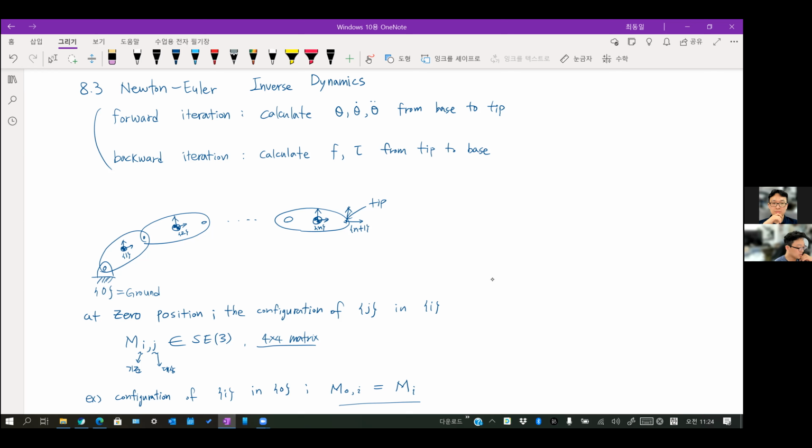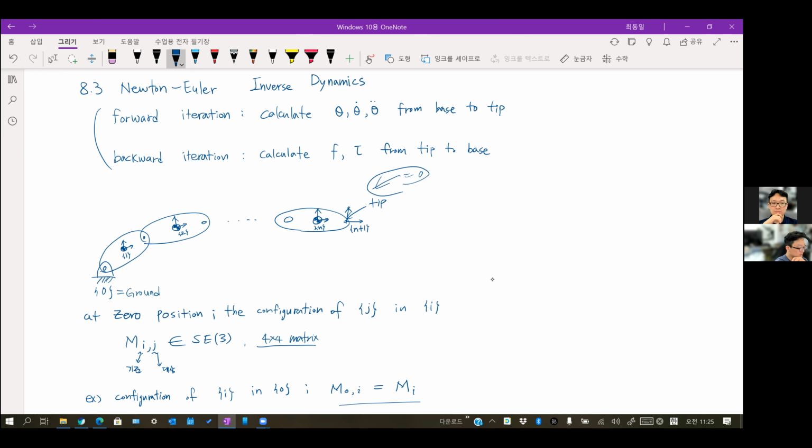And the reason we use backward iteration when we calculate the force and torque is that if we know the acceleration of each link, we can calculate the force or torque of each joint. But in case there is some external force or torque exerted on the tip, if this one is 0, it's okay.